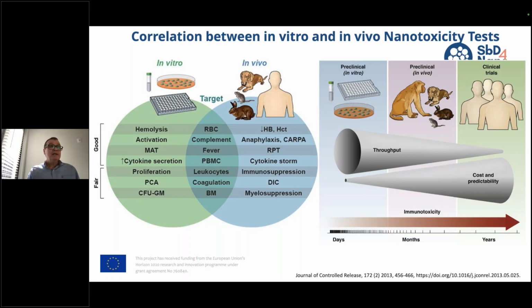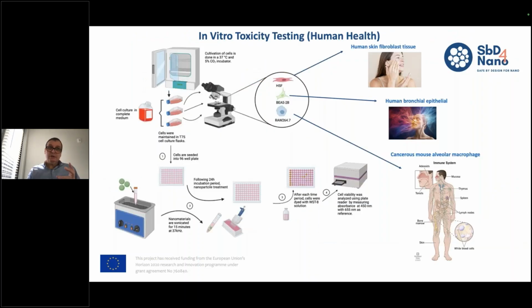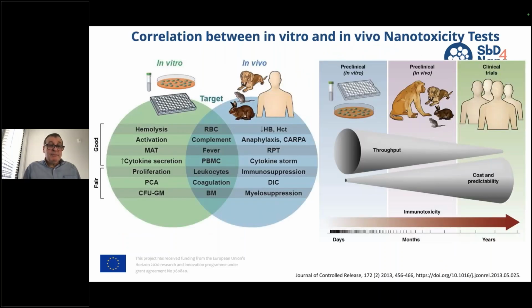So for a cellular study, there may be a compatible correlation between in vitro and in vivo. There's some literature arguing whether it is possible or not, but I would say there's some good correlation.